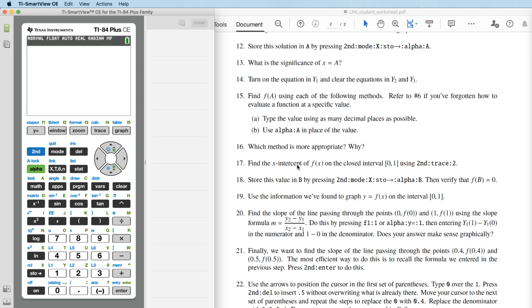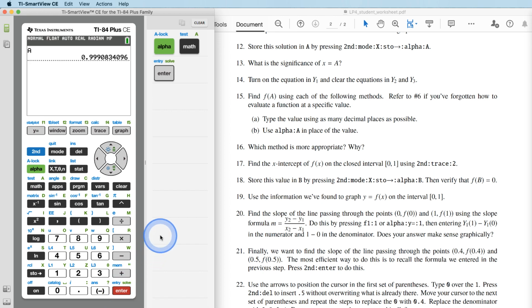So we stored our value in A. What is the significance of A? What was A? Let's bring it up again. 0.999083496. That is where our function f of x has its vertical asymptote.